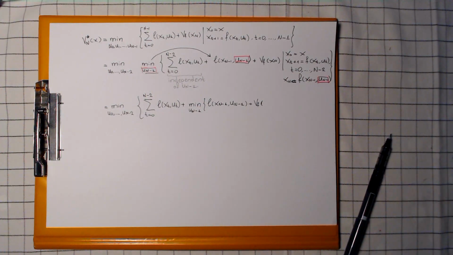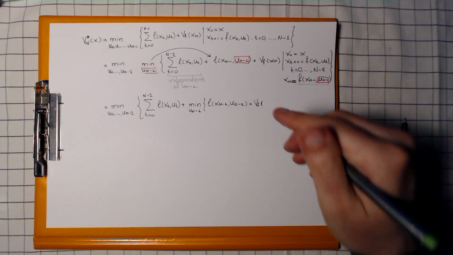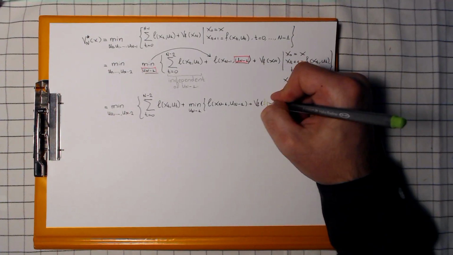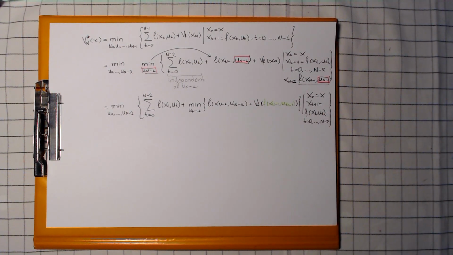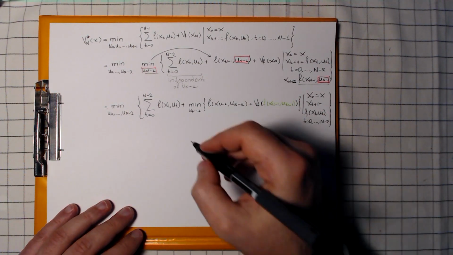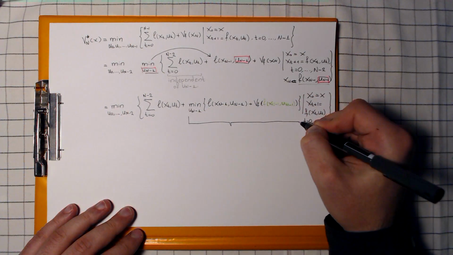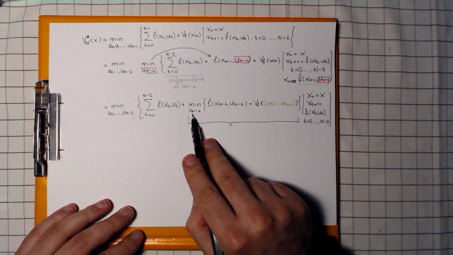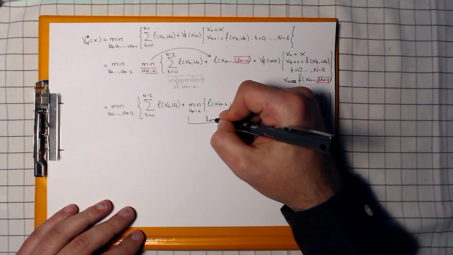Vf, and instead of writing xn, I will write this part, f, evaluated at xn minus 1. So look, what do we have here? This part, this function, is a function of xn minus 1. We minimize with respect to un minus 1, and this is a function of xn minus 1.